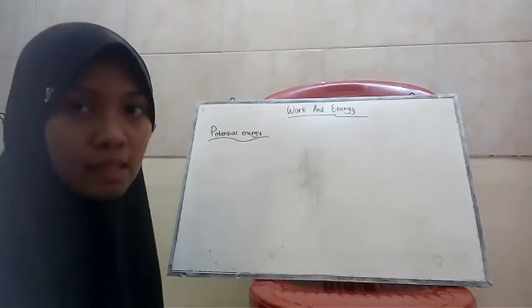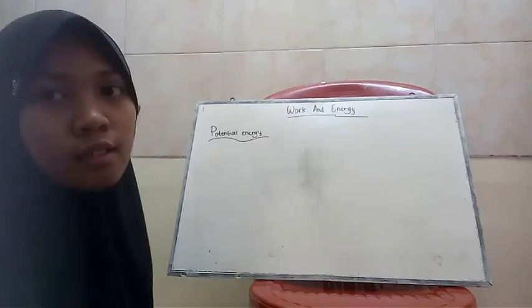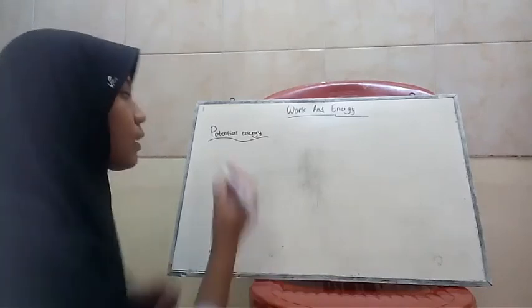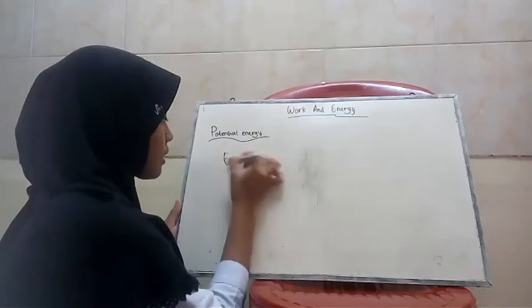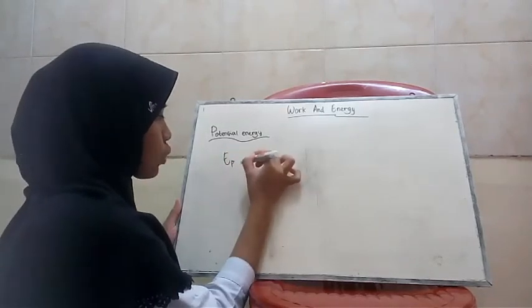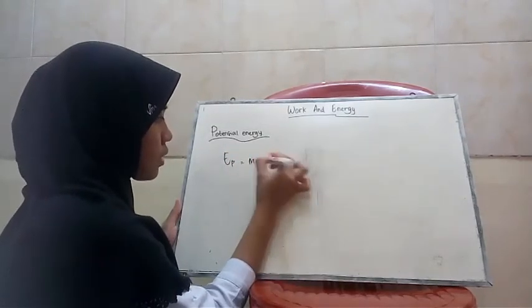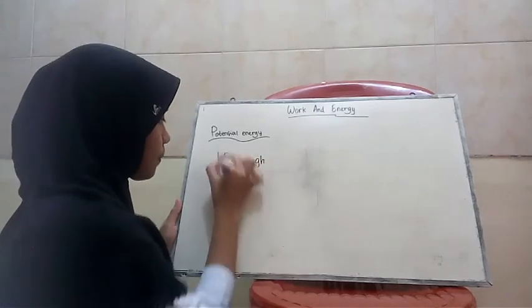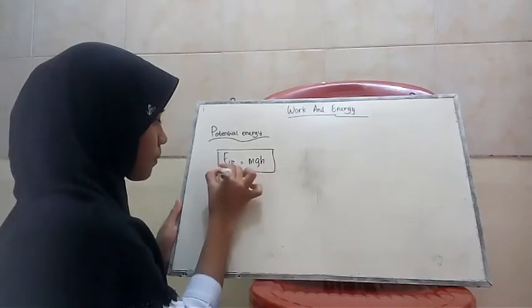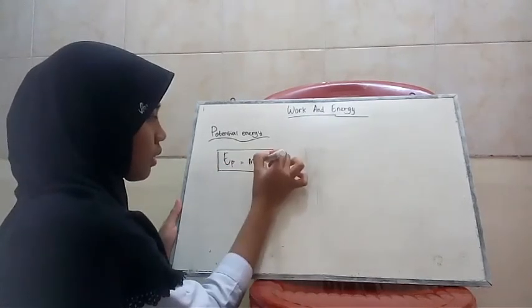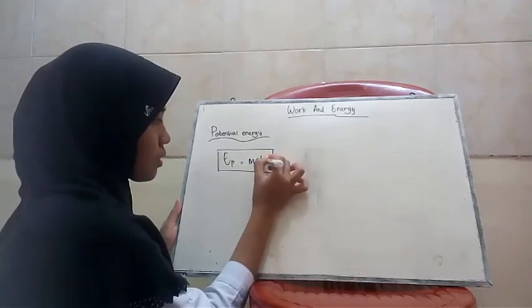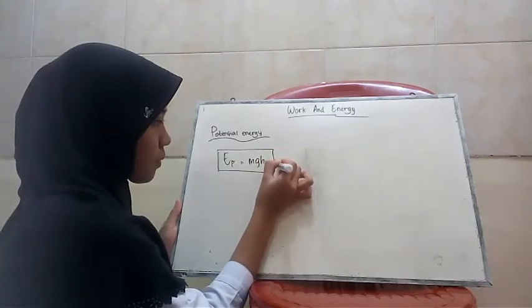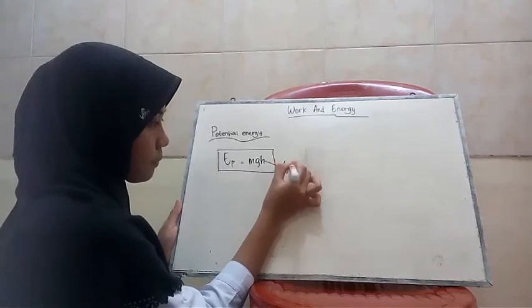From that meaning, we can formulate potential energy equals m g h. The h is height.